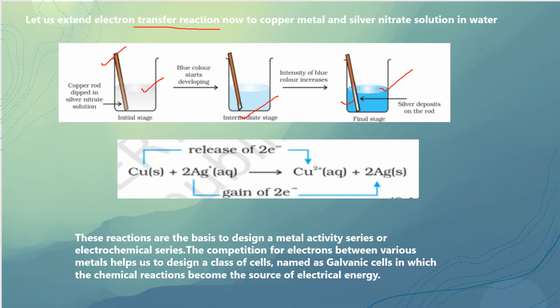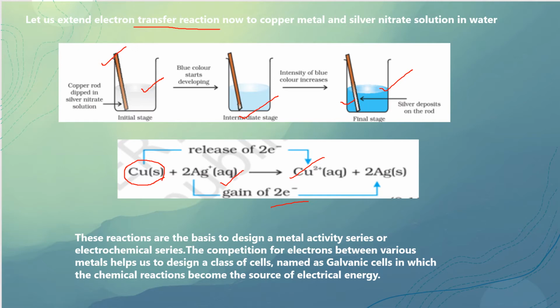Again, an example of redox reaction and competitive electron transfer, that which particular species is more reactive, that will displace the other from its aqueous solution. So copper getting oxidized. So what is copper, reducing agent or oxidizing agent? Yes, if it is getting oxidized, it has to be a reducing agent, and Ag+ is getting reduced by gaining electrons, so this has to be an oxidizing agent.